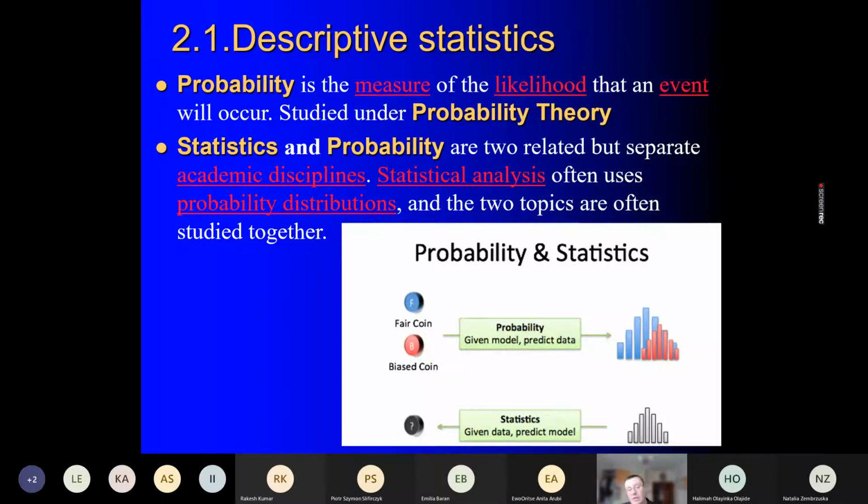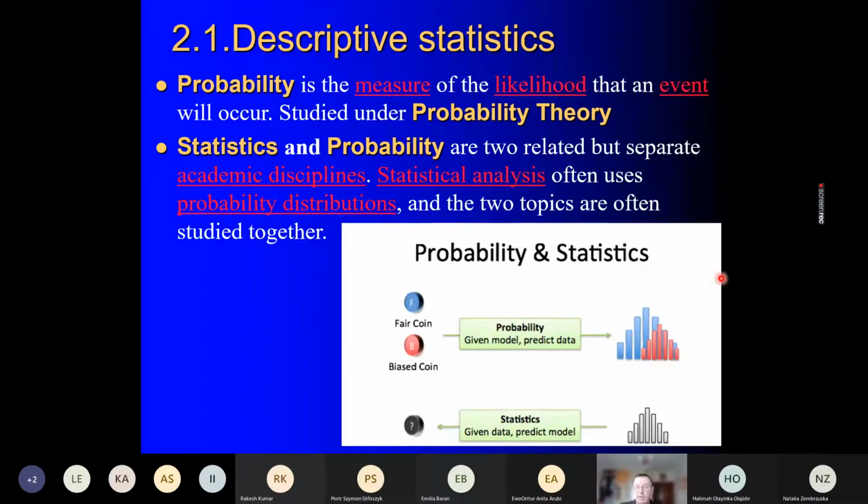And actually we are in touch with them every time, especially with probability distribution. So the chart at the bottom should give you the essential similarity and difference between statistics and probability. With probability, we are given a model and we want to predict data. So when we toss coins, what will we get?